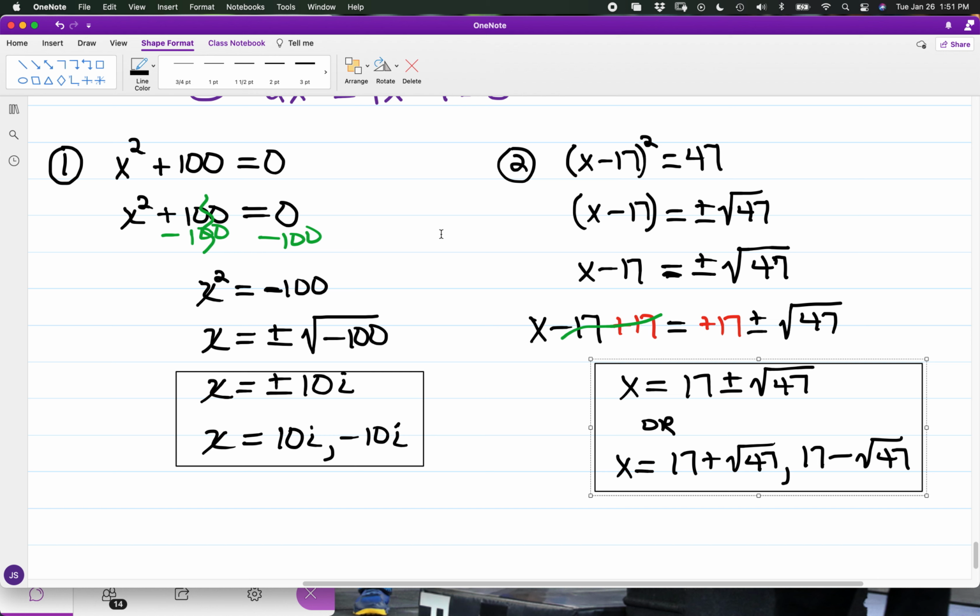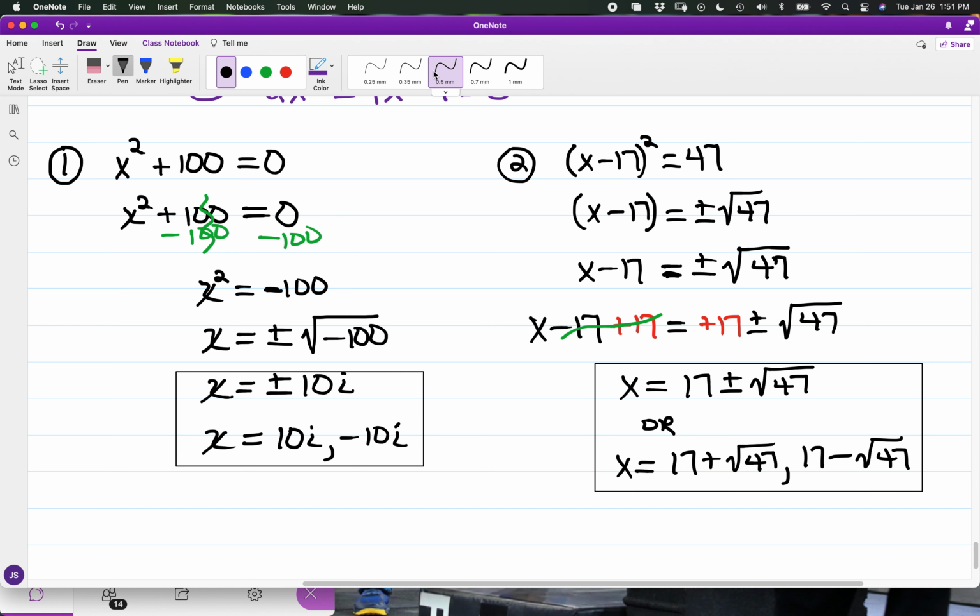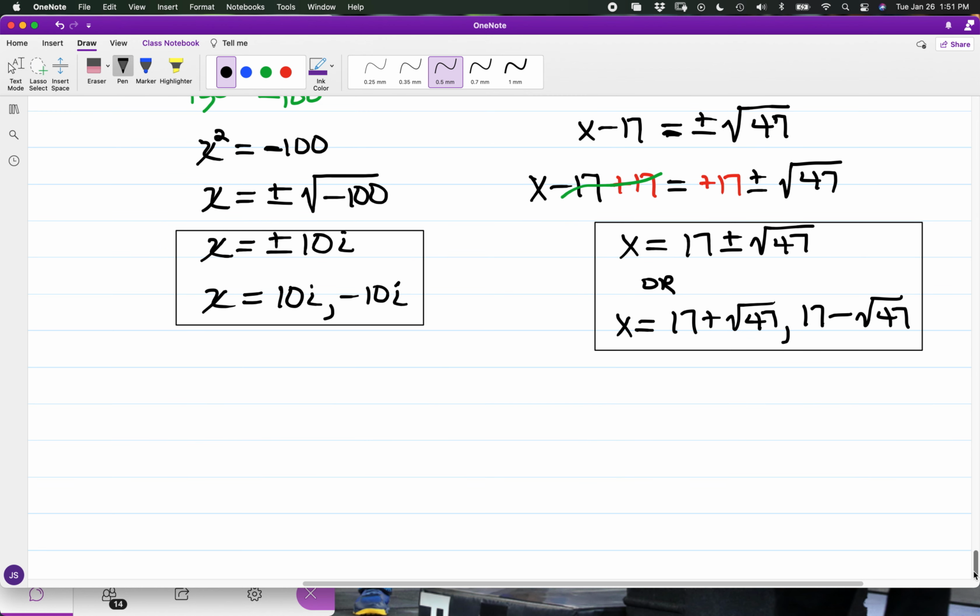And now for the next item, we might have real or complex roots. And here we have 2x squared minus 7x minus 1 is equal to 0.